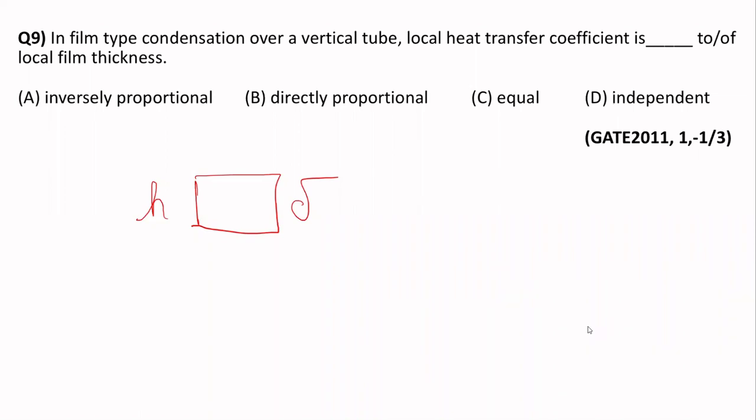Yes, Saikaran says A. Rutuja is saying A. Yeah, it's inversely proportional to the local film thickness. And we have already discussed this in depth in our previous class as well.